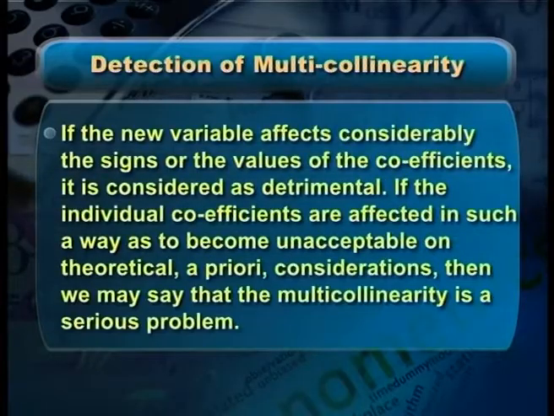If the new variable does not improve R square and does not affect to any considerable extent the values of the individual coefficients, it is considered superfluous and rejected. If the new variable affects considerably the signs or the values of the coefficients, it is considered detrimental.